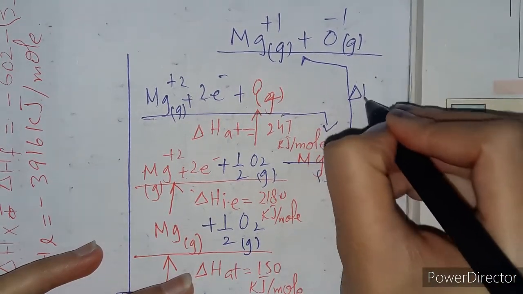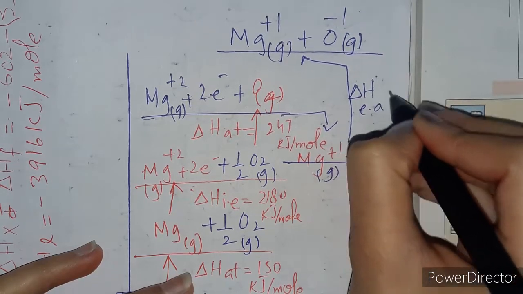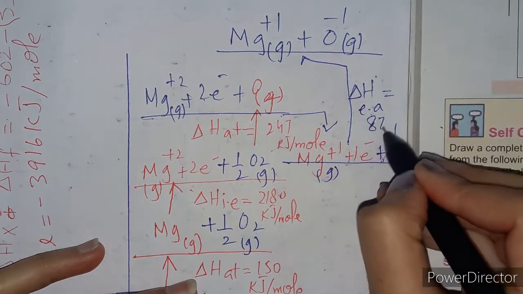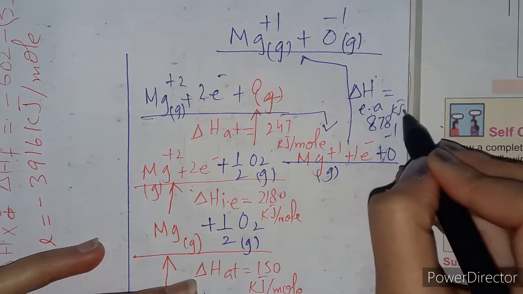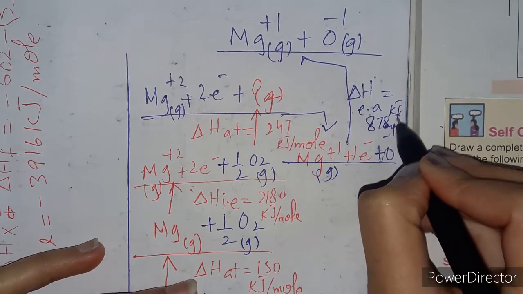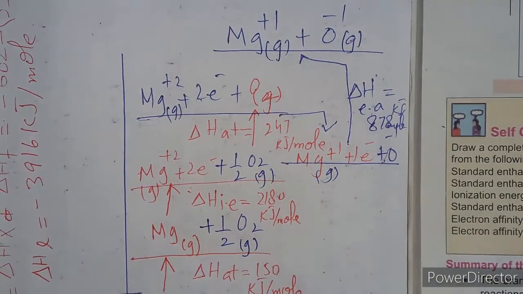Here is the electron affinity, which value is 878 kilojoule per mole. It comes here.